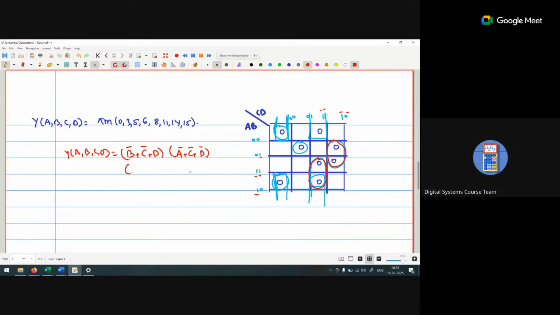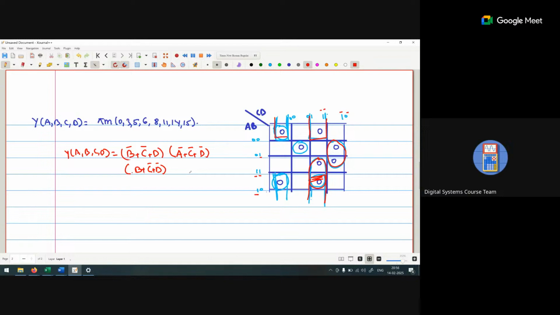Now this and this group. Okay. So B is constant, C is constant, and D is constant. The value of C and D is 1, and value of B is 0.